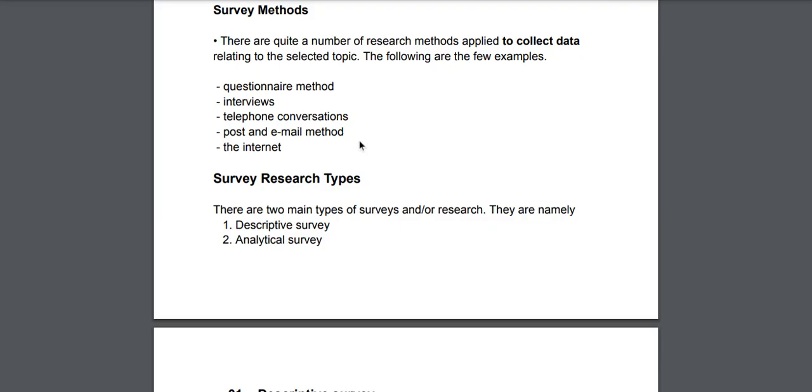So these are the methods that we can use for our surveys. You need to remember these things.